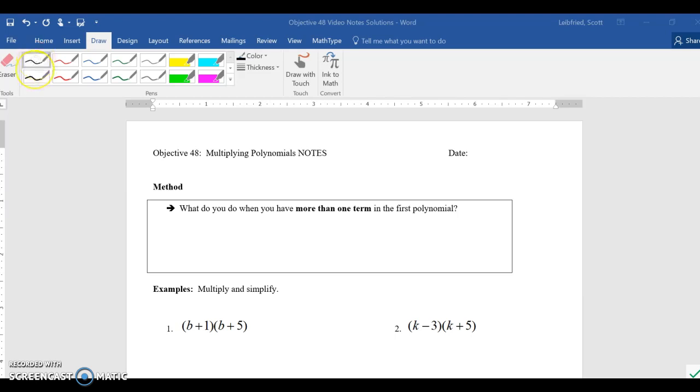First, we want to make sure we multiply all terms in the first parentheses by all terms in the second set of parentheses.